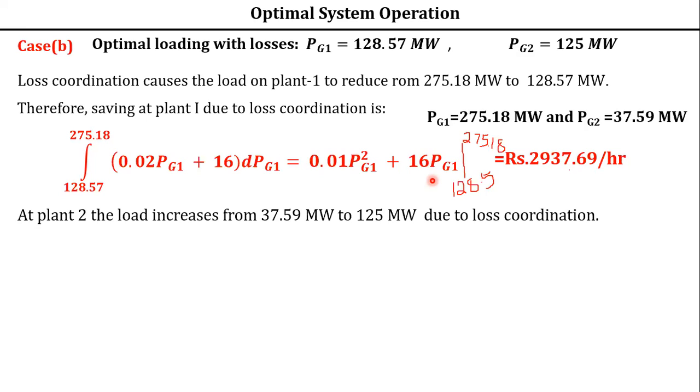But now Sushumna has given 1682.8, taking the lower limit as 37.5 and the upper limit as 125. Gunasmita said she has taken the lower limit as 37.59 and the upper limit as 125.